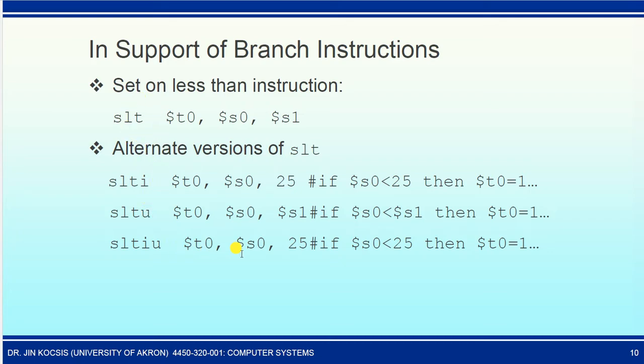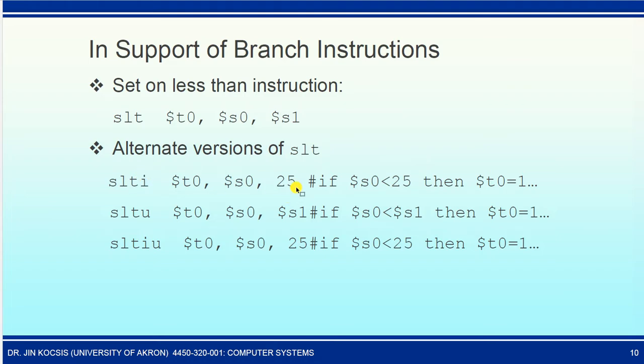And if the second source operand is a non-zero constant, and the first source operand is also non-negative, then I will represent the set and less than by using the set and less than immediate unsigned. Again, you do not have to do so, but you should be able to understand there are different alternate versions of the set and less than.